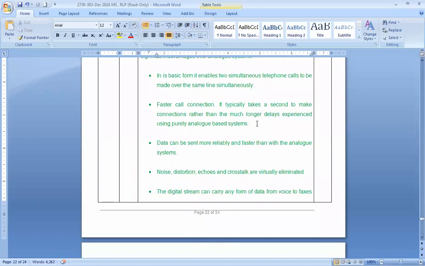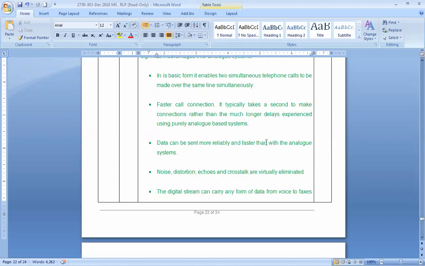With the analog systems previously, for a call to be established, it used to be a little challenging. Subscribers had to wait a long time for their call to be connected, but this was not the case when migration happened to the digital networks, wherein they were able to connect instantaneously. And obviously, people were happy because they were able to establish calls faster and get things done fast.